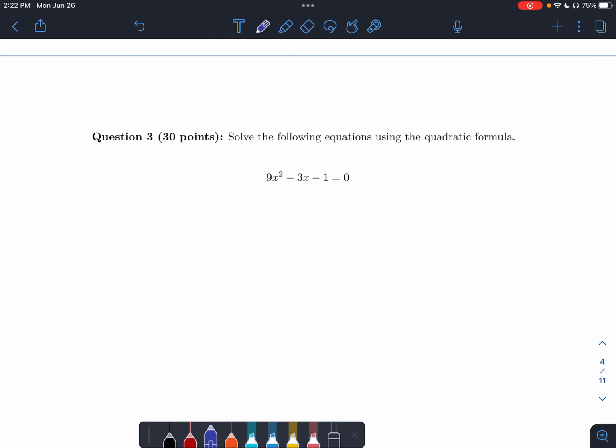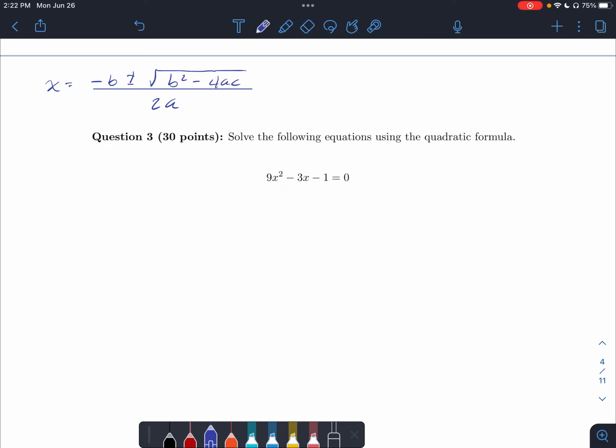All right, so in this next set of questions, we're asked to solve the following equations using the quadratic formula. And if you recall, the quadratic formula is given by x equals negative b plus or minus the square root of b squared minus 4ac, all over 2a.